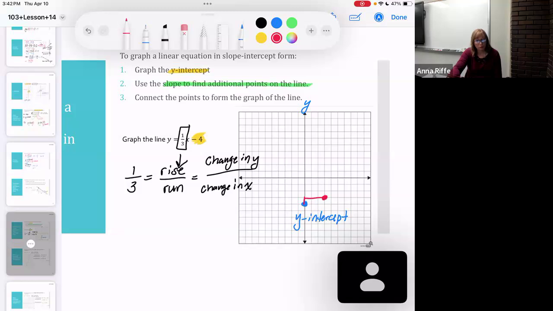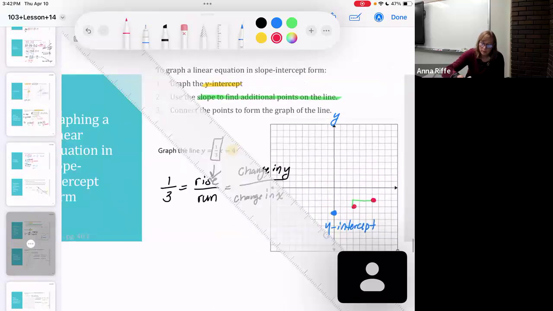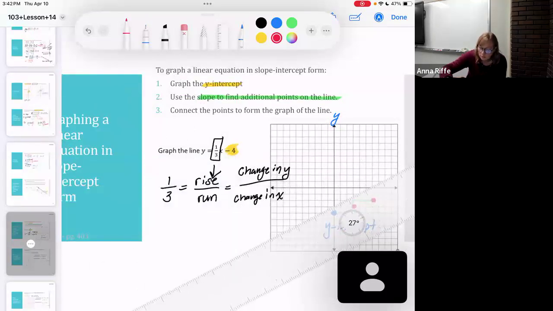If I want a third point on my line, I could do the same thing. I could say, from that point that I just found, right here, I could rise 1, and I could go to the right 3. 1, 2, 3. That gives me a third point on my line. Once I have 2 or 3 points, I can connect the dots.